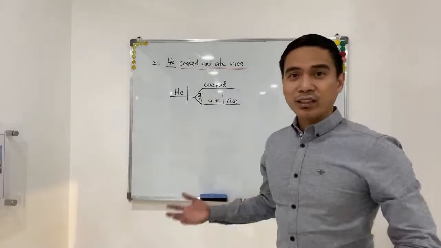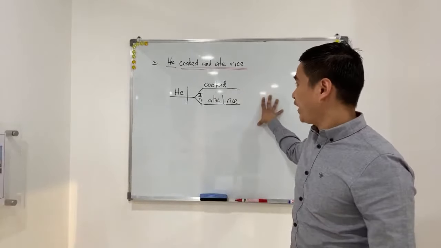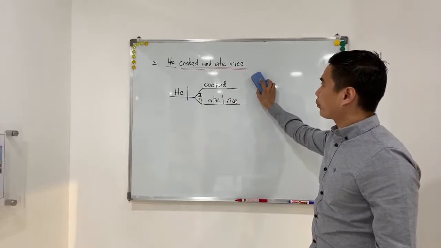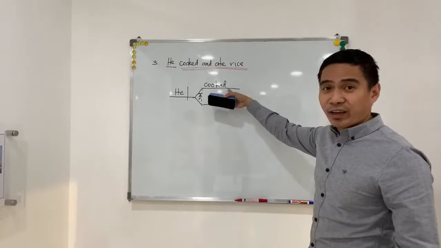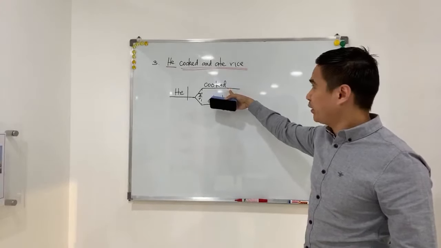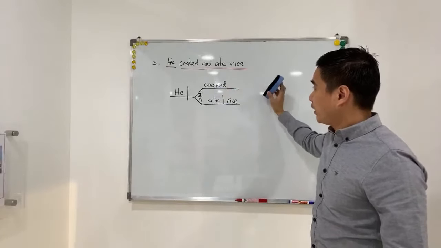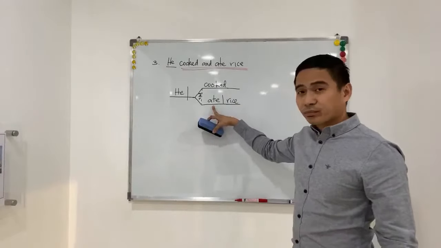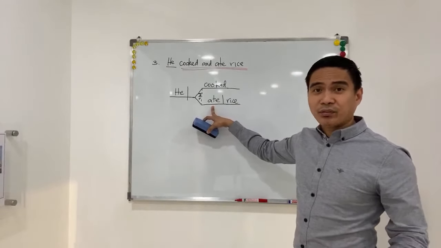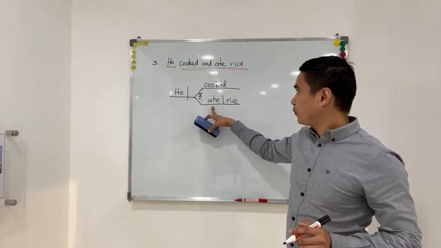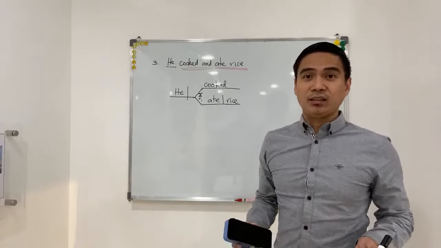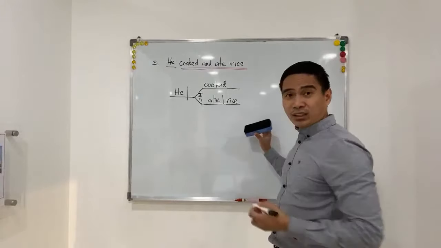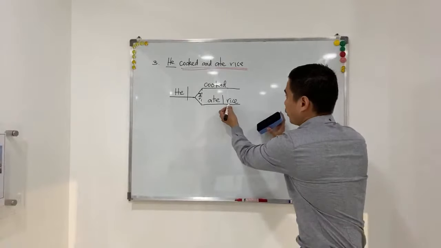Okay, so that is the picture of this sentence. He. Of course, this one does not have another element after, so we just leave it like this. But for the ate, it is a transitive active verb. It requires a receiver of the action. It's an action word. So, ate what? Rice. So we have a direct object.